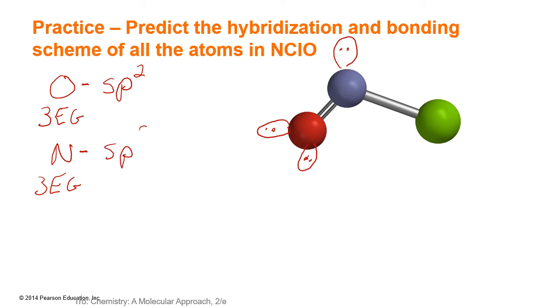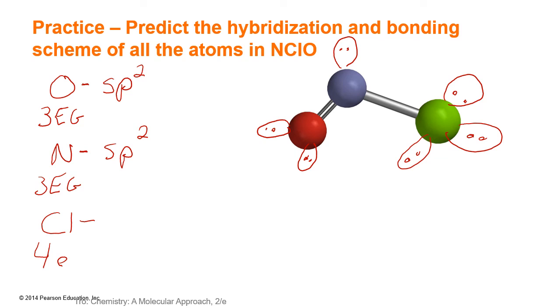So this is going to be sp2 hybridized. If we look at our chlorine, it is going to have 3 lone pairs of electrons and 1 bond. So this is 4 electron groups. We need 4 orbitals to put them in. So the chlorine would be sp3 hybridized.